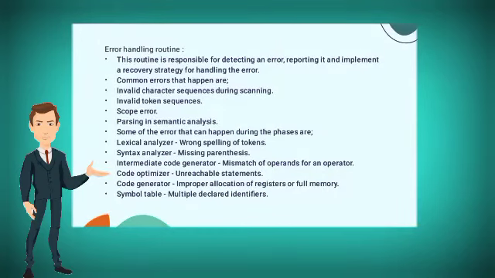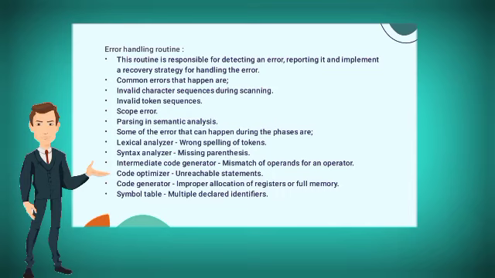Error handling routine. This routine is responsible for detecting an error, reporting it, and implementing a recovery strategy for handling the error. Common errors that happen are invalid character sequences during scanning, invalid token sequences, scope errors, and parsing and semantic analysis errors.